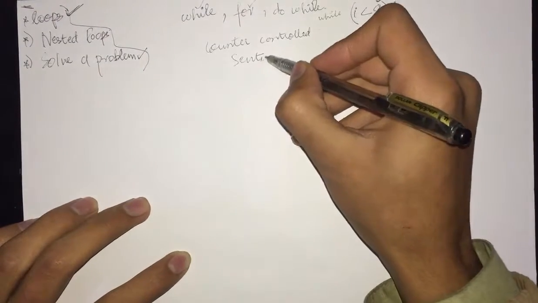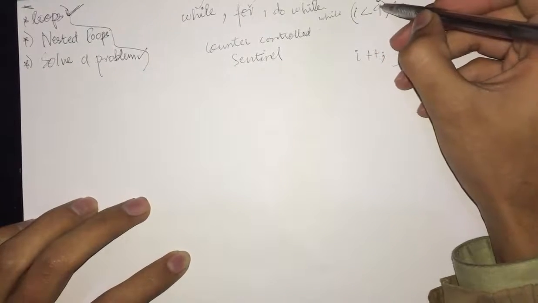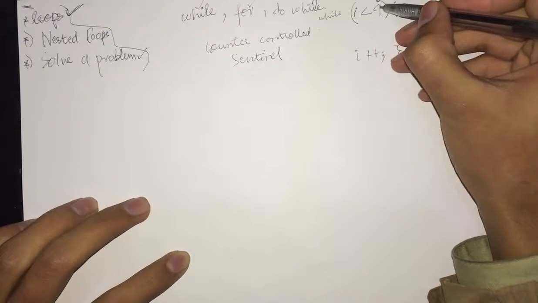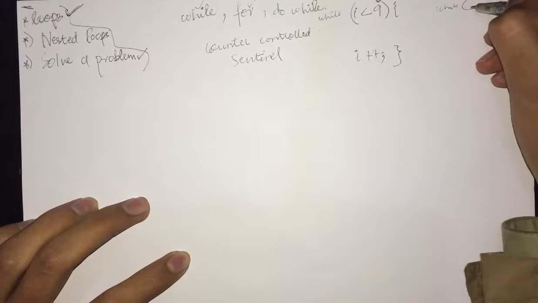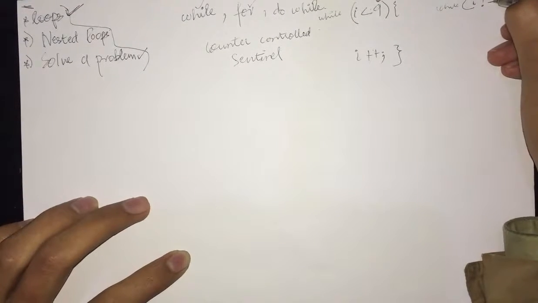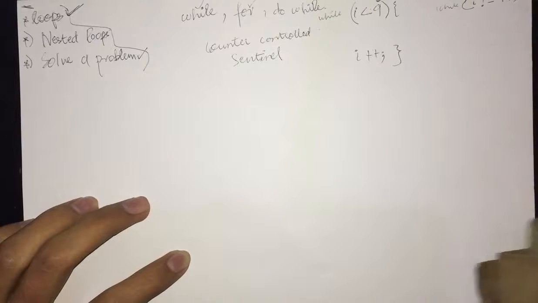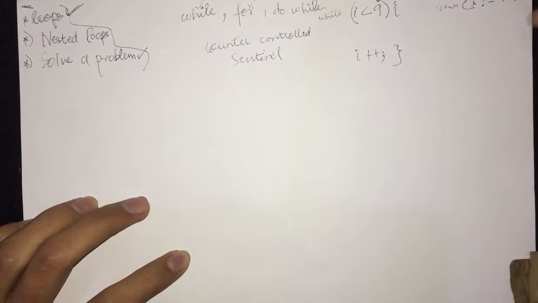Then we have sentinel, where we don't know the number of times the loop should iterate. So we provide a sentinel where we say while I is not equal to a sentinel value, for example, capital N. So when you enter capital N, the loop will actually stop, because here we have specified a condition that it should not be equal to that.